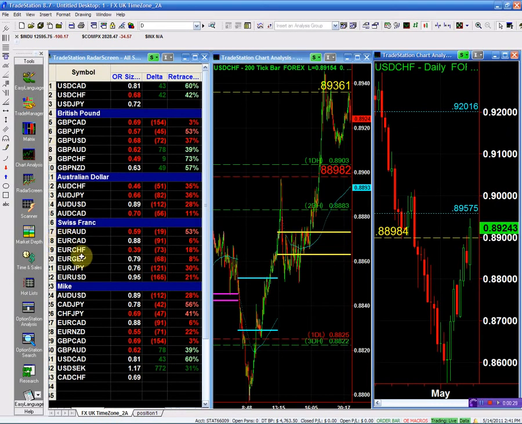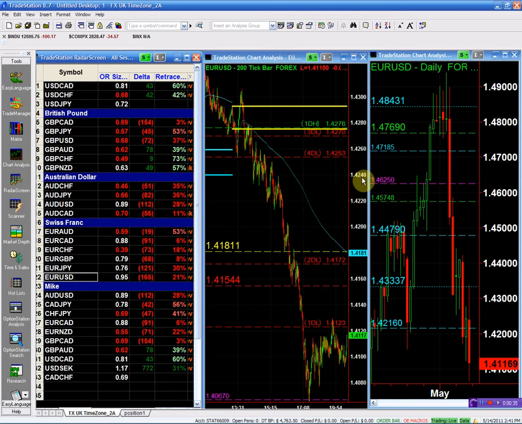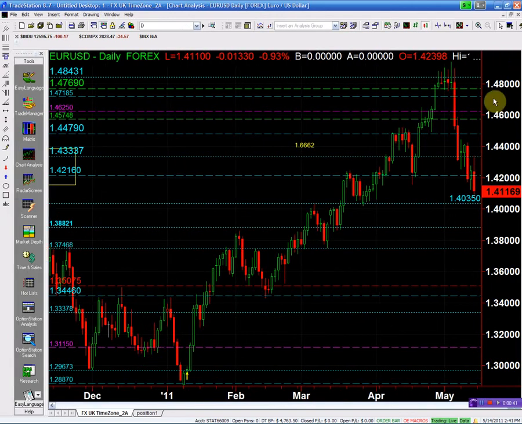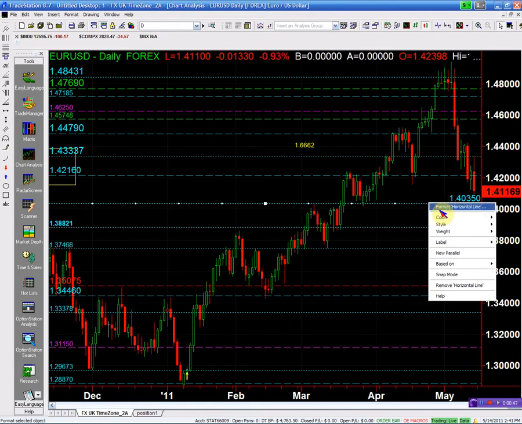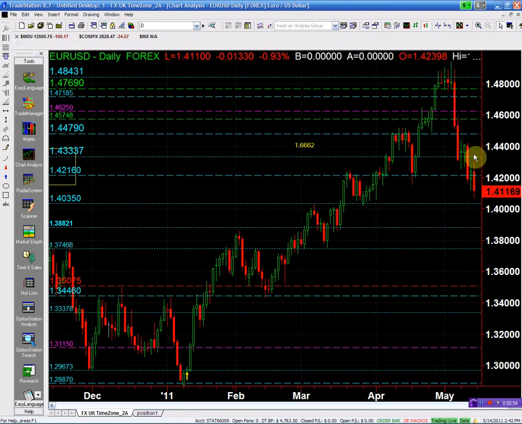So let's take the euro dollar. This is really, the euro is in a bad shape, and this is the evidence, or one of the evidences, that you are looking for the buy for the dollar Swiss. 36 or 40 doesn't matter much.